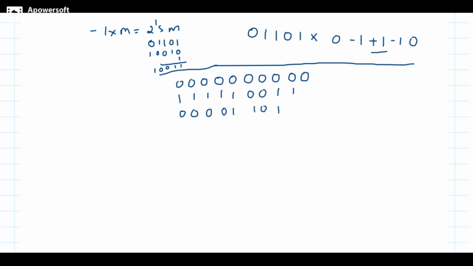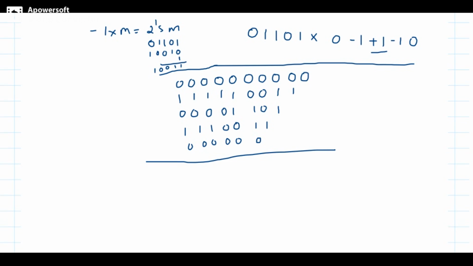So I have to write 2's complement of m. So once again 0 into m, all zeros. So finally we need to add all the partial products.